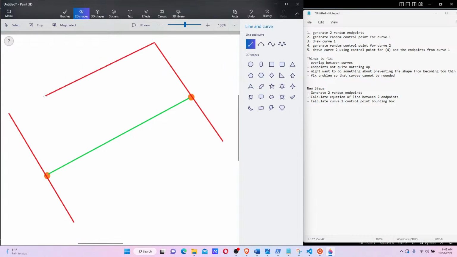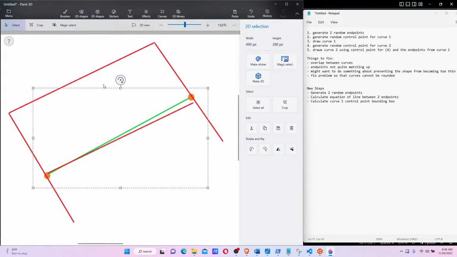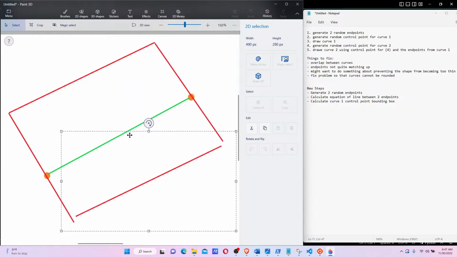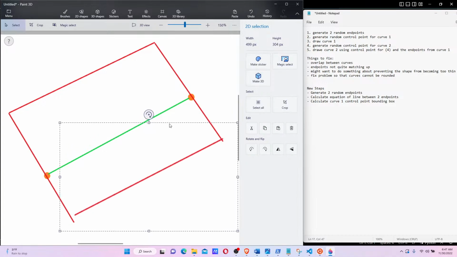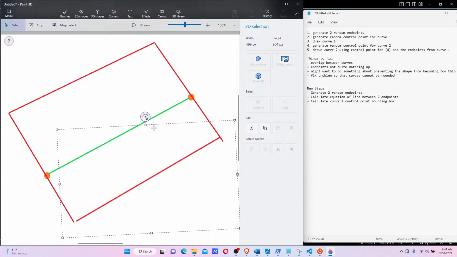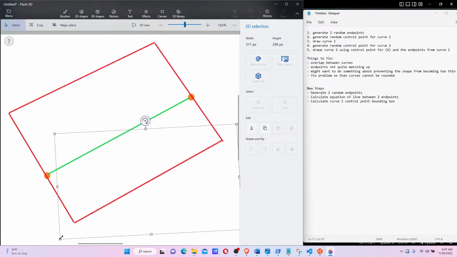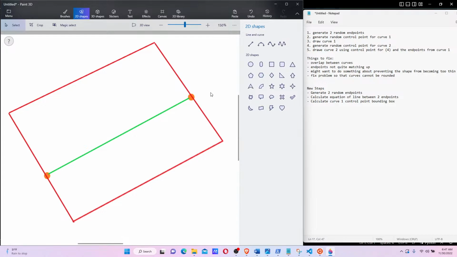Now, smack dab in the middle. But if you can just imagine that the green line is smack dab in the middle, then the red generates the bounding box for the first control point.